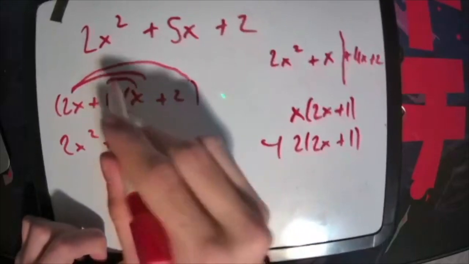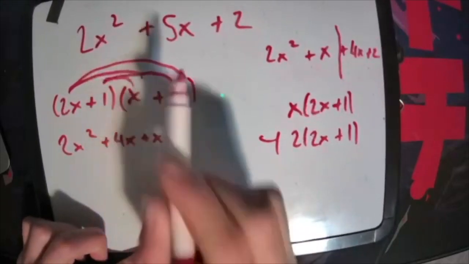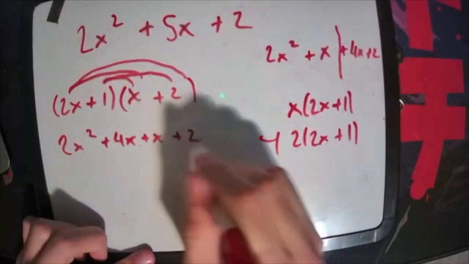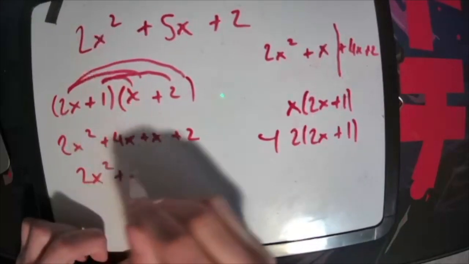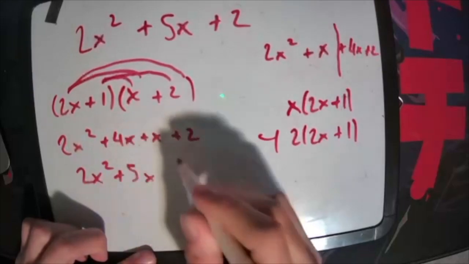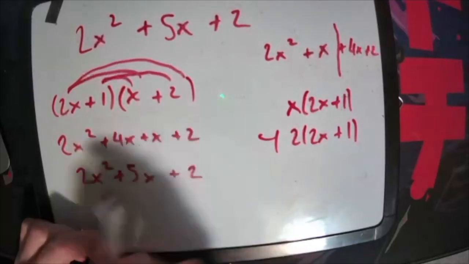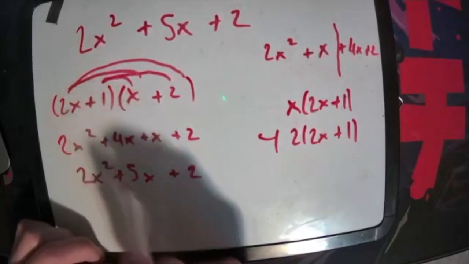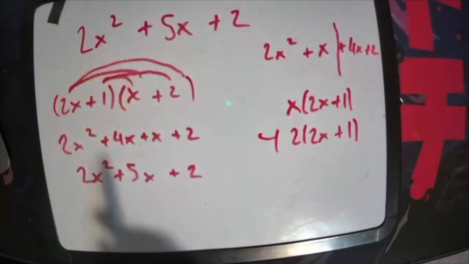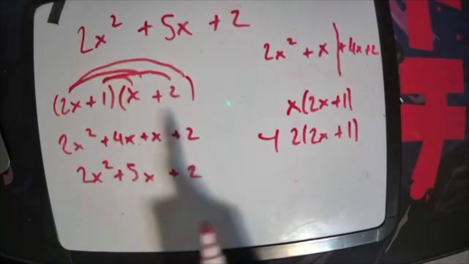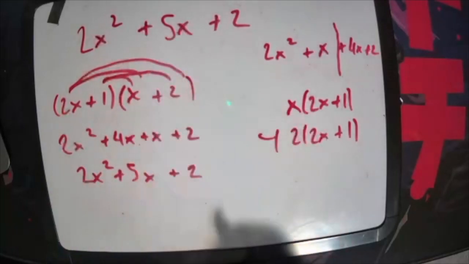And 1 times 2, last, which is 2. We condense and simplify it: 2x squared plus 5x plus 2. After checking our solution, this factored form is equal to that, so we know our answer is right.